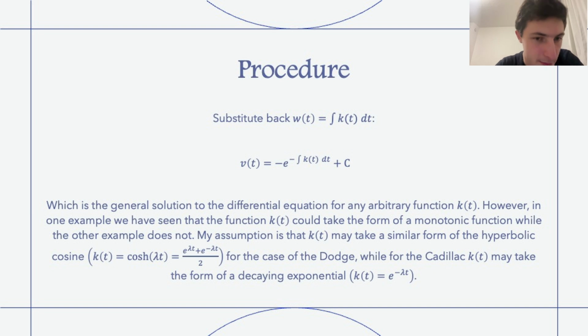I might be wrong, but from the observation of the values, I think that this is a hyperbolic cosine, which is defined in the following way, as you can see on the slide. While for the Cadillac, k of t may take a decaying exponential form, which is the following function that you can see on the slide.